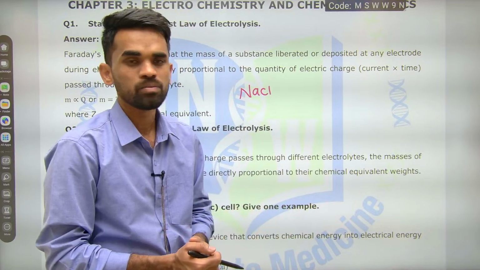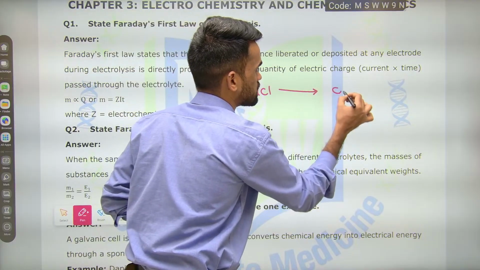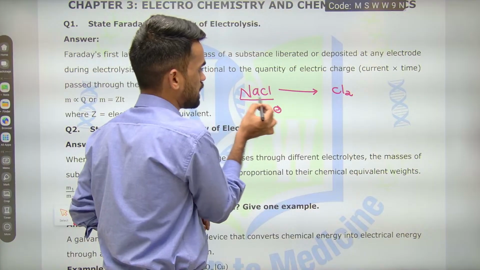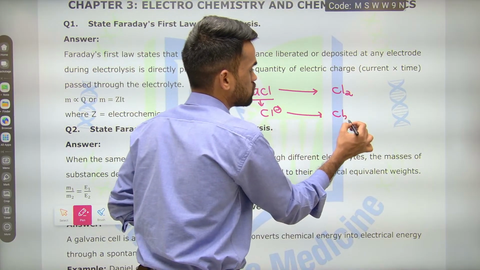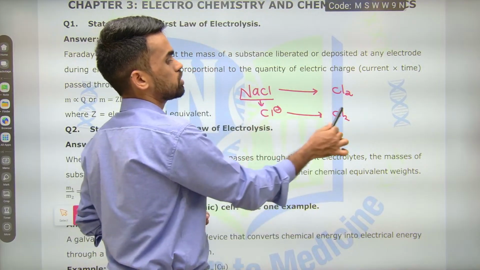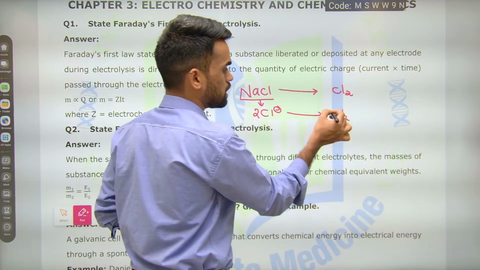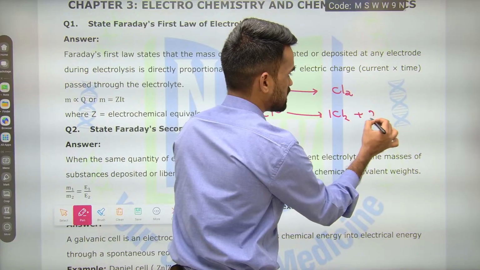Now from this I want to extract chlorine gas. We have chloride ions in the NaCl, a naturally occurring substance, and from this I want to extract chlorine gas. So the chloride ion should convert into chlorine gas. If I take 2 chloride ions, we get 1 chlorine molecule, and during this transformation it releases 2 electrons.